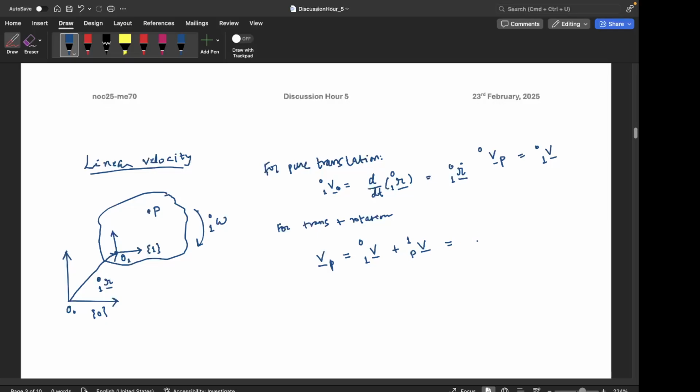So this will be r dot 01 plus omega cross r1P. Basically omega cross the vector from O1 to P. So this is the expression for the linear velocity.